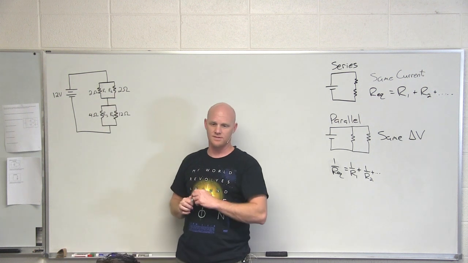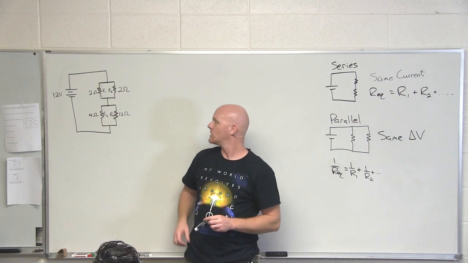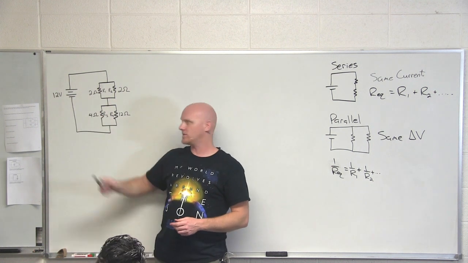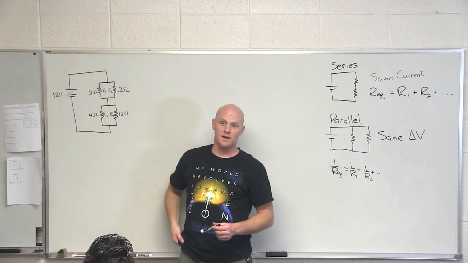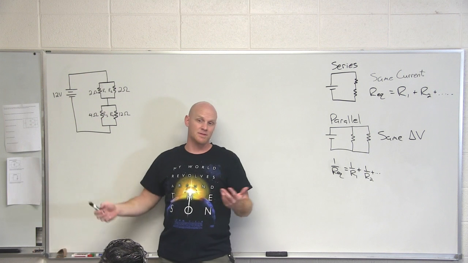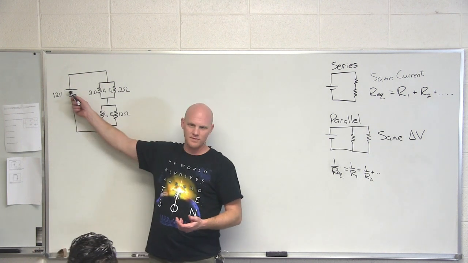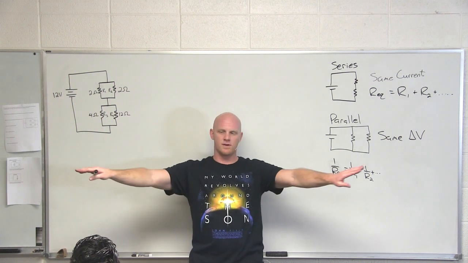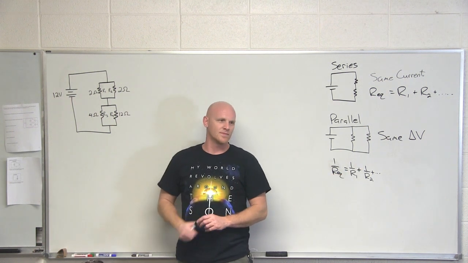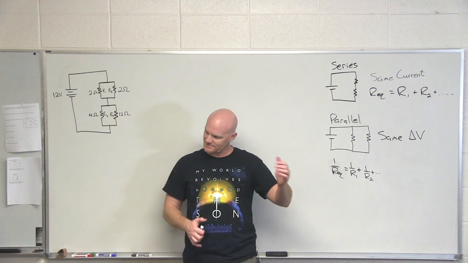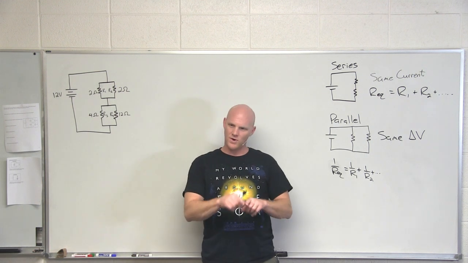Question, Chris. What is this symbol? So this symbol right here is still a battery. Whether you see one or it might be double here because maybe it's two batteries in series hooked together, whether you see a double set of lines or one set of lines, just a battery, no big deal. So batteries in series, if you have 1.5 and 1.5, it's 3. Batteries in series are totally additive.